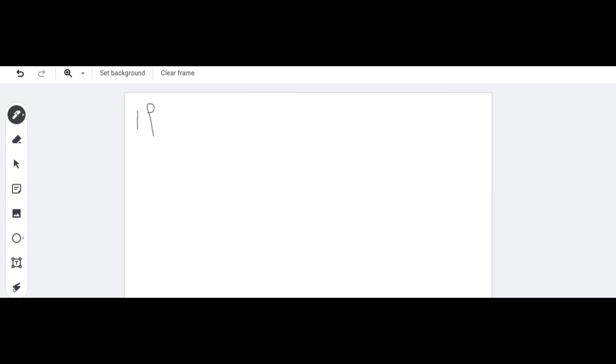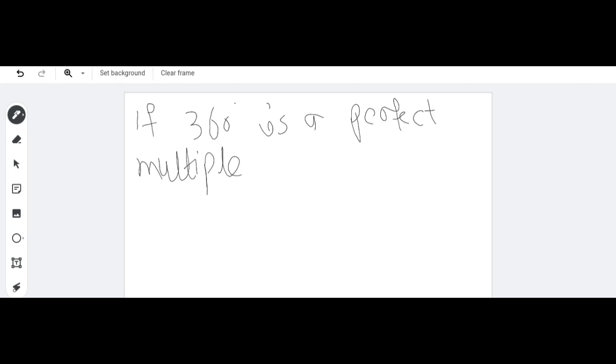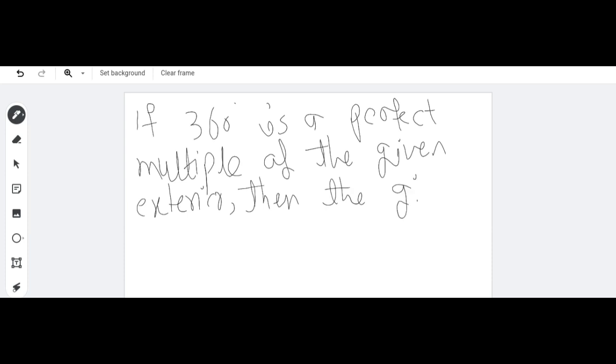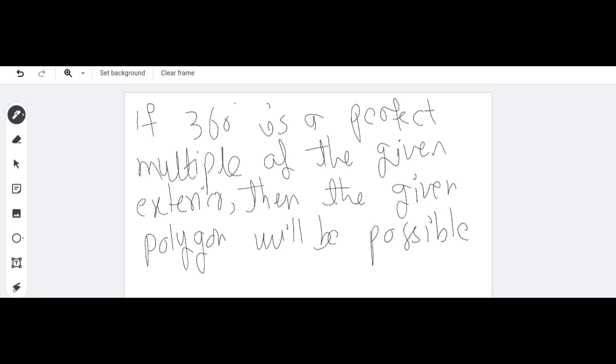If 360 is a perfect multiple of the given exterior angle, then the given polygon will be possible.